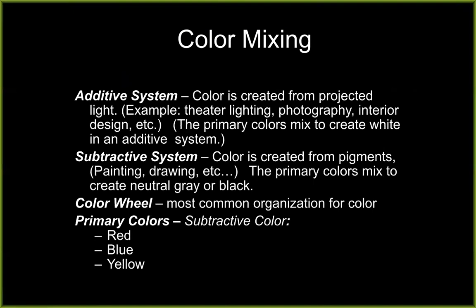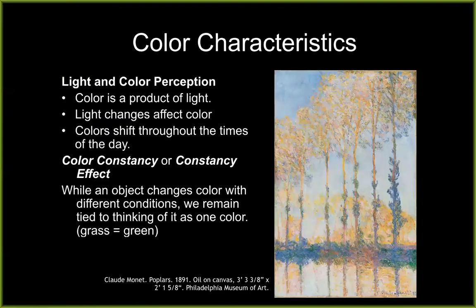In a subtractive system, which is what you experience if you're a painter or you're using colored pencils or something like that, the color is created from pigments, and when you mix all the primary colors together, you get a neutral gray or a black. We use the color wheel most often for organizing color, and the primary colors in a subtractive color wheel are red, blue, and yellow. We'll see a color wheel a little bit later here.